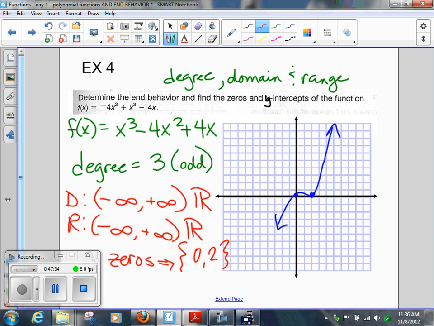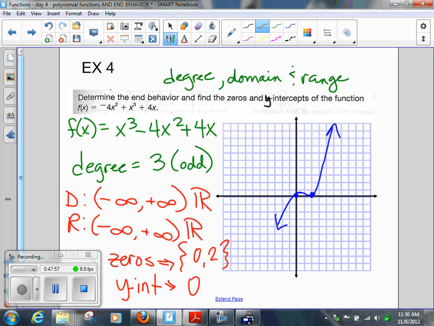And you just find the zeros. How many of you had 0 and 2? Good. The y-intercept is at 0. How many of you had that? Okay, see, y'all are more calculator ninjas than me. We found the zeros. We found the intercept for the y.